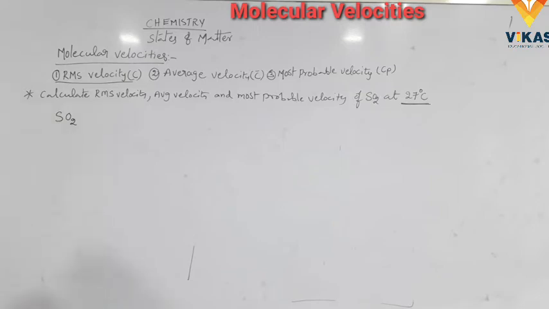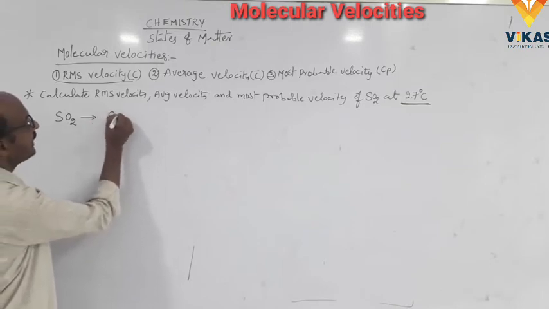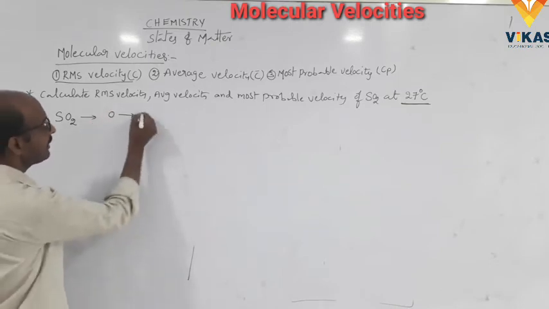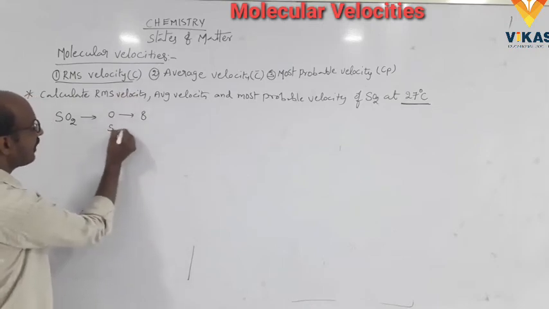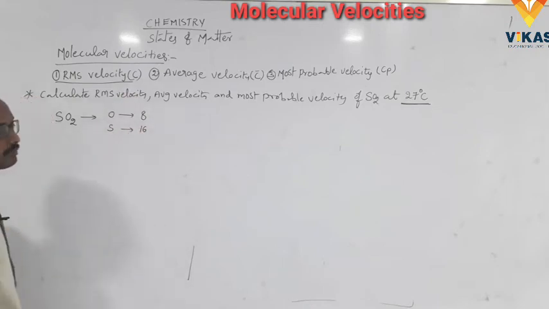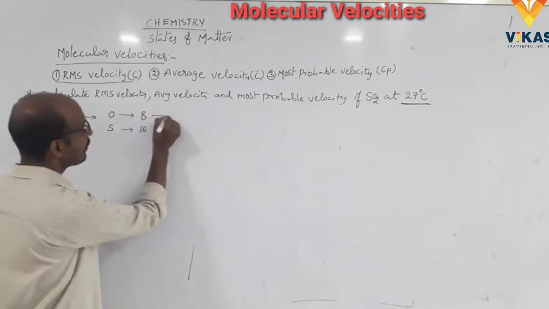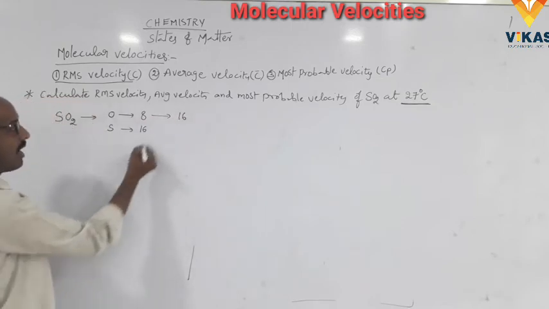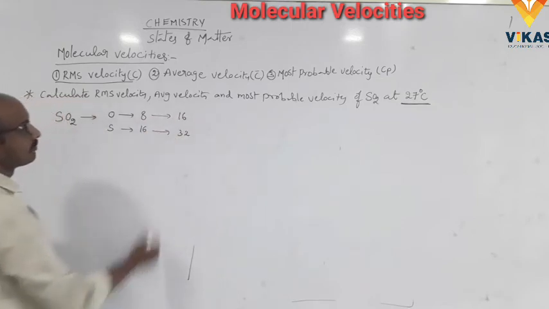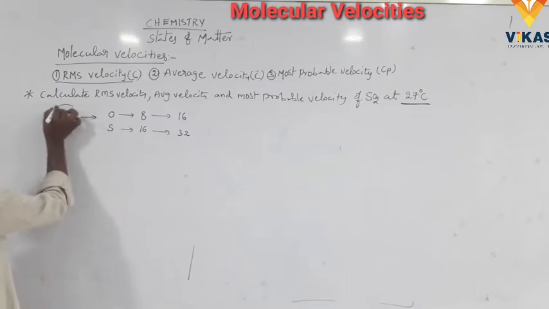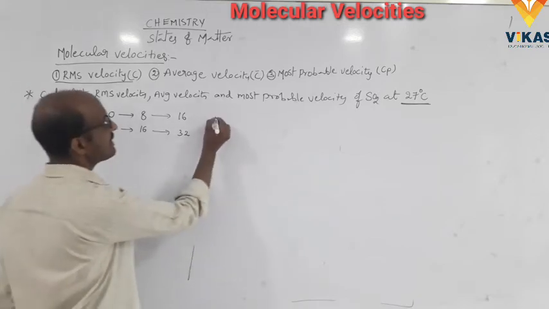First of all we find out the SO2 molecular weight. So what is the molecular weight of SO2? First we know the atomic numbers and atomic weights of sulfur and oxygen. Oxygen atomic number is 8 and sulfur atomic number is 16, with atomic weights 16 for oxygen and 32 for sulfur.